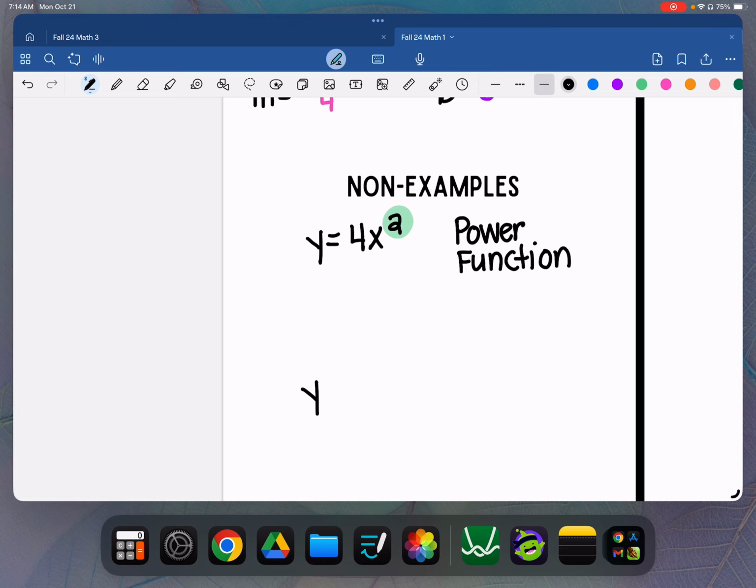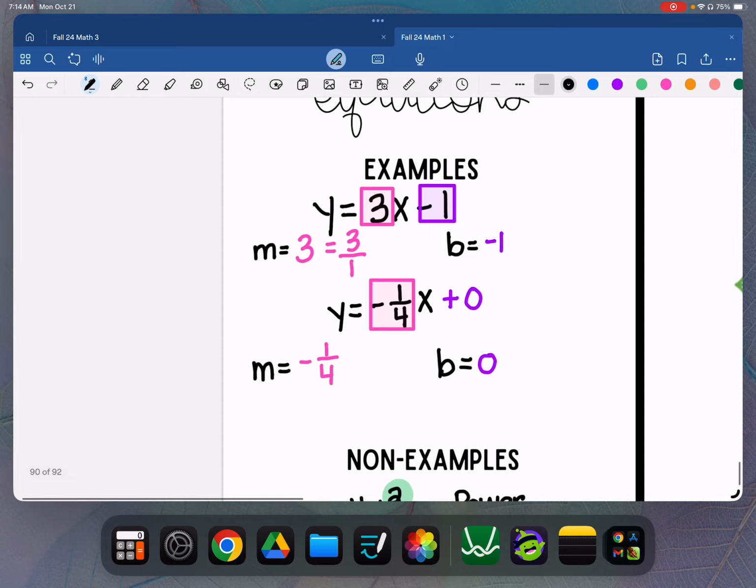Another example we'll get into is what happens when I have an exponent that is a variable. That is called an exponential function. These all have exponents, so they do not represent a linear function. A linear function will have the x always being multiplied by the slope.